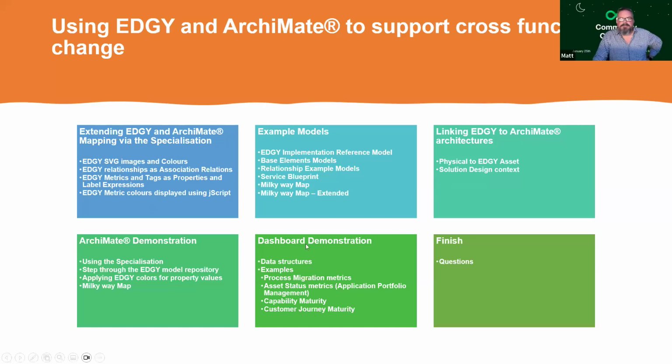I'll explain that better as I go along. We'll have a look at some example models. I'll show you that linking to the other models or elements within the model. And then we'll jump into the tool and have a look. I also, if we have time, I'll show you a dashboard which addresses another need that has arisen in the work that I've been doing.